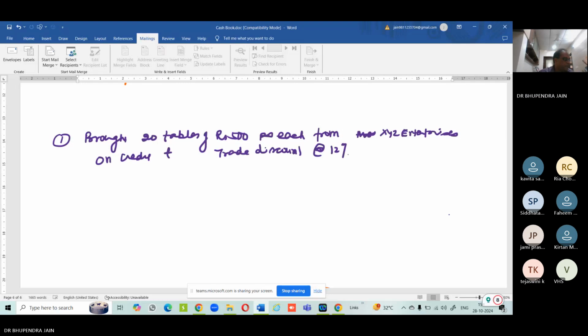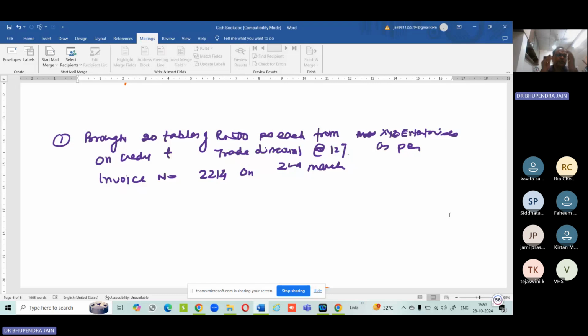As per invoice number 2214 on 2nd March. So, purchased 20 tables of rupees 500 each from XYZ Enterprises on credit. Such a transaction is related to credit purchase.